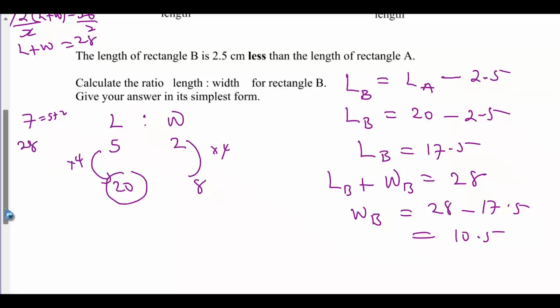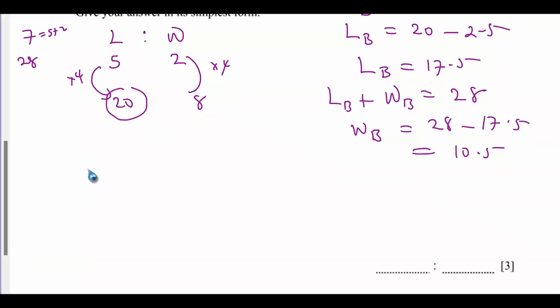To get the required solution, we have the length, which is 17.5, to the width, which is 10.5. I think we need to make them whole numbers, so by multiplying this by 2, and multiplying this by 2.